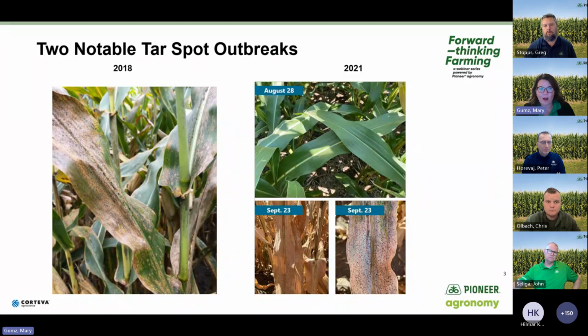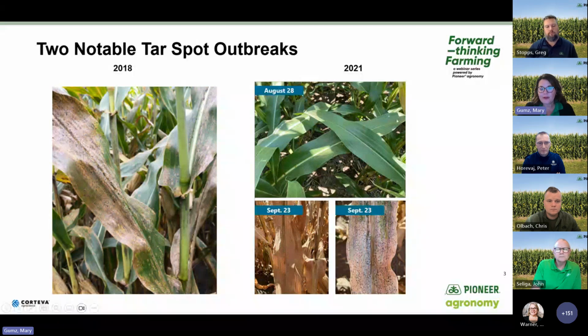It turned dry for a while later that summer after the plants had been sitting in fairly wet soil for a while. And we found that when tar spot came into one of those fields that was already stressed with something else, it just took over. It accelerated any other stress that the field was seeing.